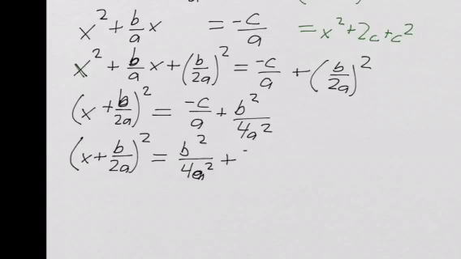So I get plus negative 4ac over 4a squared. And now that I have the common denominator, I can go ahead and add those things together.